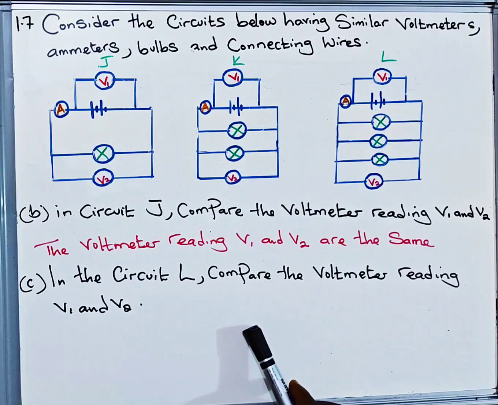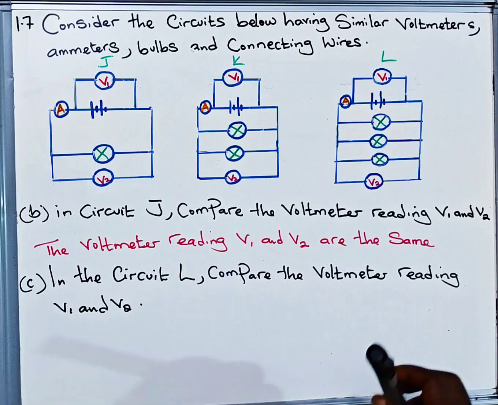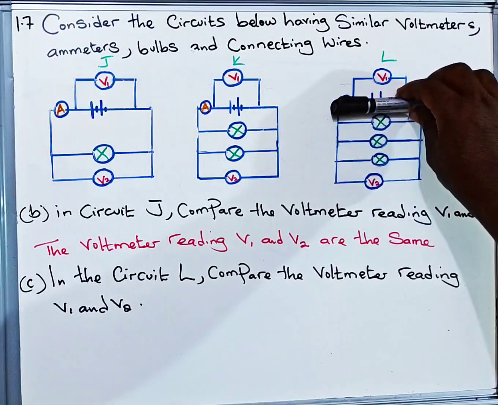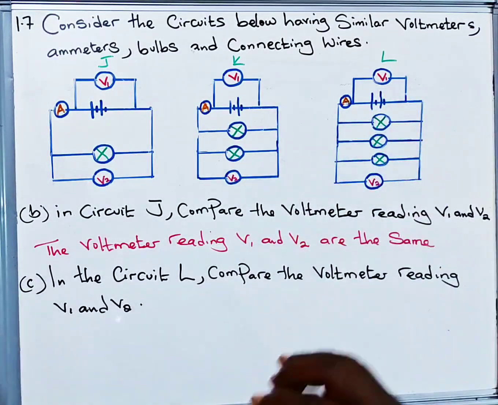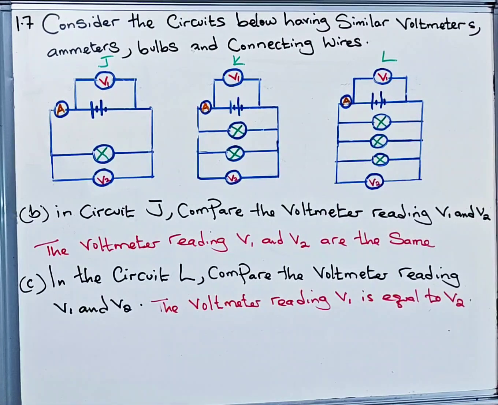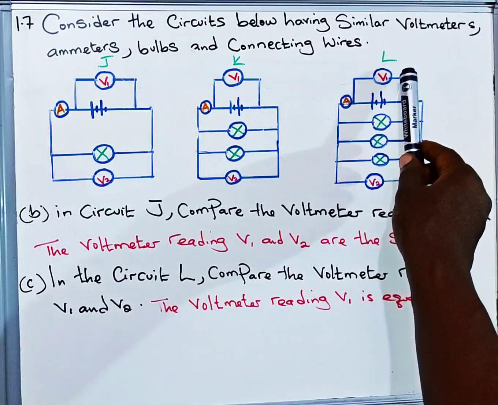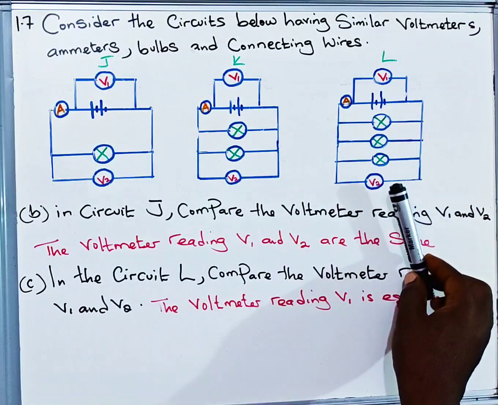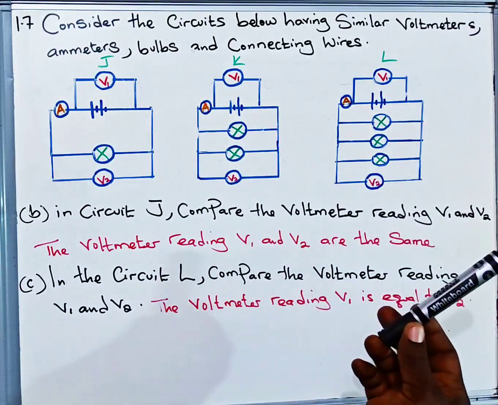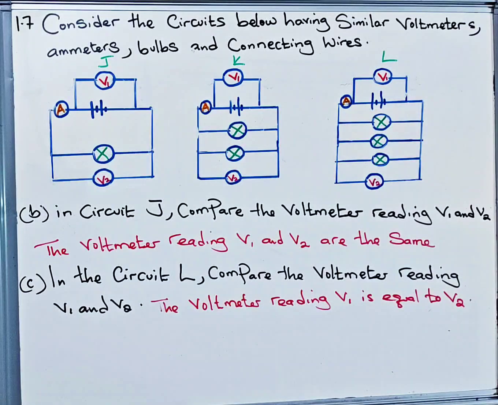That is true for parallel connections. This one is equal to this one because components in parallel have the same potential difference. So voltmeter reading V1 is equal to V2. That's the same implication as being the same.